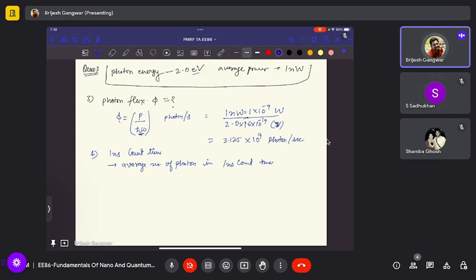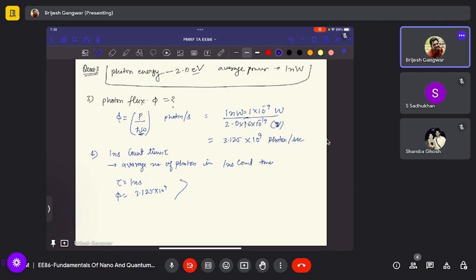So the average photon in this count time, call this count time tau. Tau is given as 1 nanosecond, and the flux is given, which we calculated above, 3.125 into 10 to power 9.